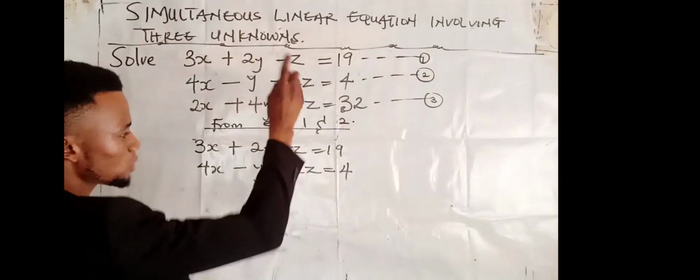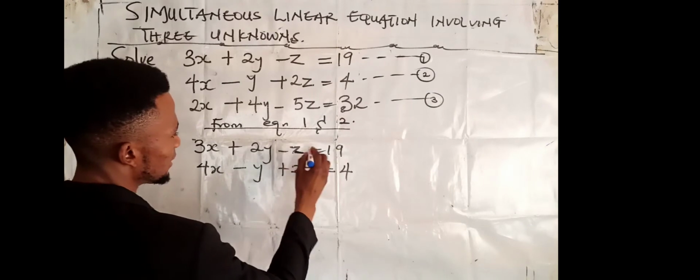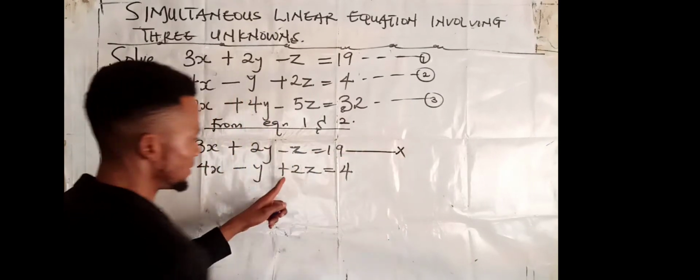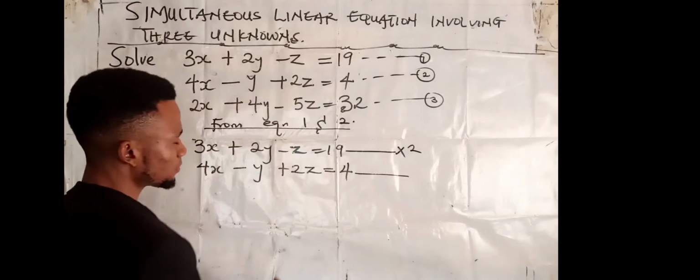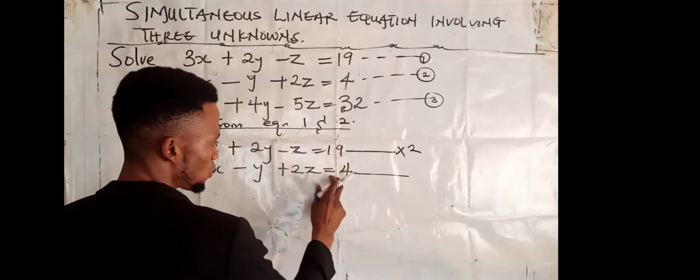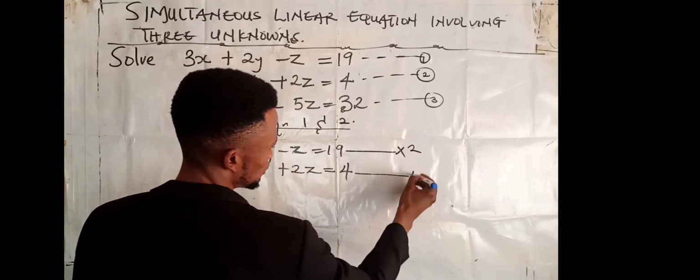If I want to cancel out z, you multiply this equation by this number, which is 2, and you multiply this equation by the number here, which is 1.